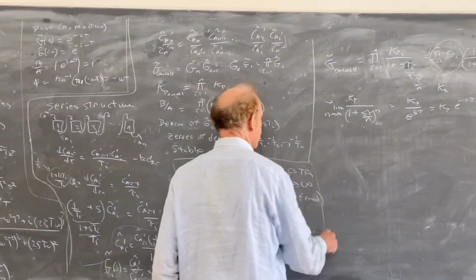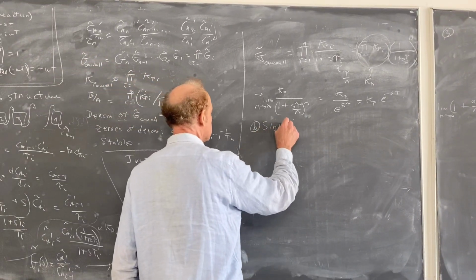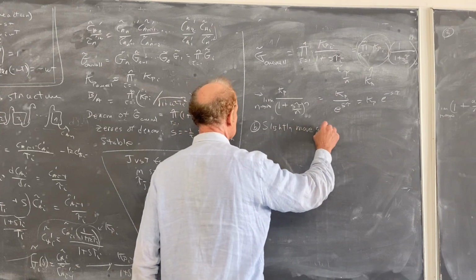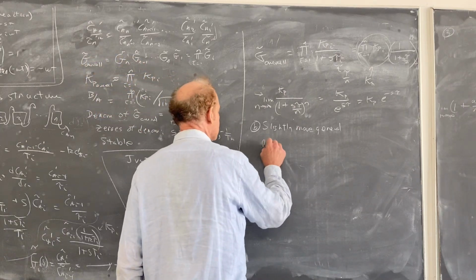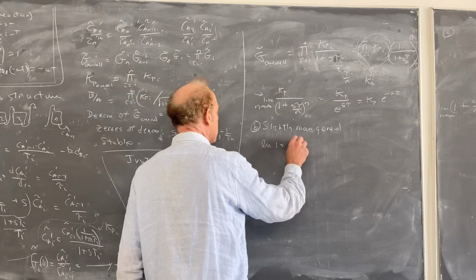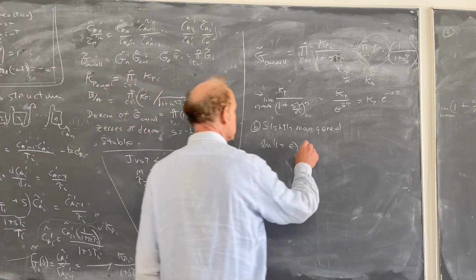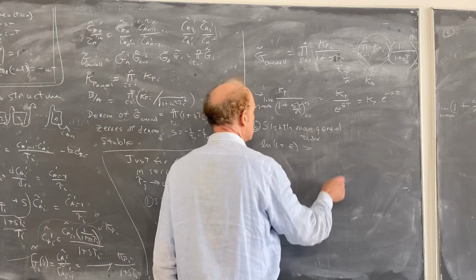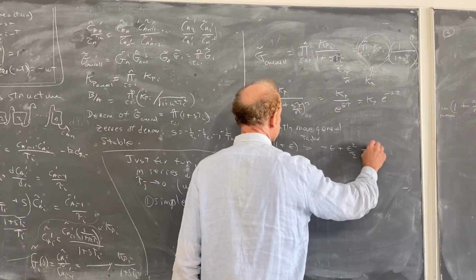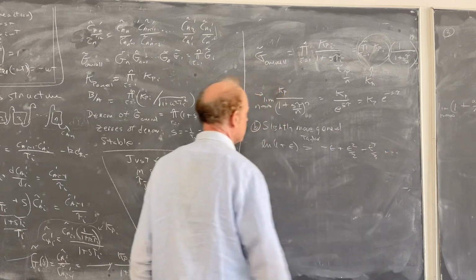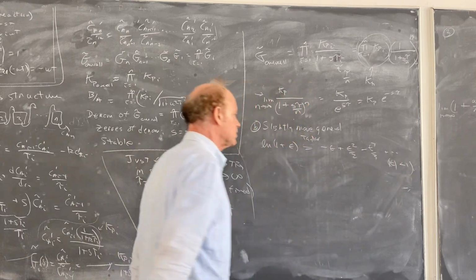In a slightly more general way, slightly more general, not much. We can notice you need to know a certain Taylor series expansion. The log of 1 plus epsilon, if I expand this in the Taylor series, is epsilon minus epsilon squared over 2 plus epsilon cubed over 3 minus dot dot dot. This is for the magnitude of epsilon less than 1.